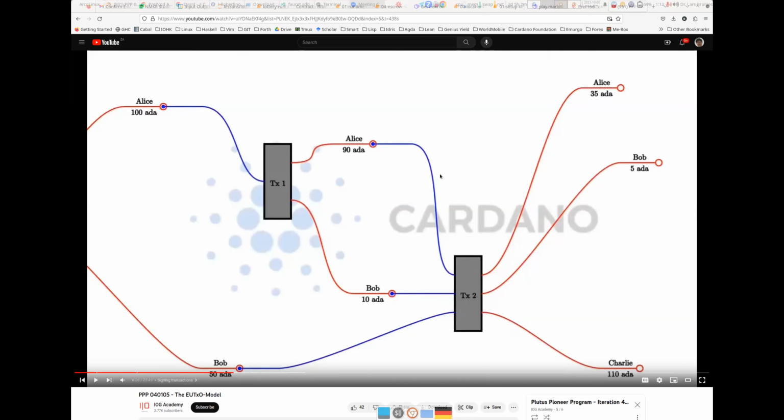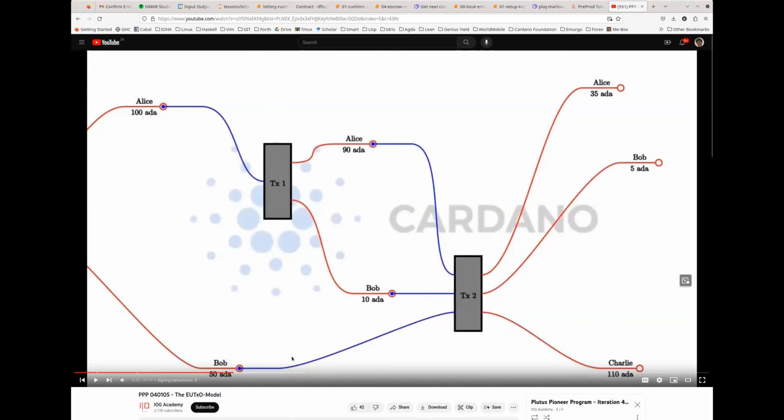So the nodes themselves, in principle, only store the set of UTXOs. So the state of the node in the beginning of my example would have these 2 UTXOs, Alice and Bob. And then when transaction 1 comes in, it would update that set. So it would remove this UTXO from the set and add those 2 outputs of the first transaction to the set.